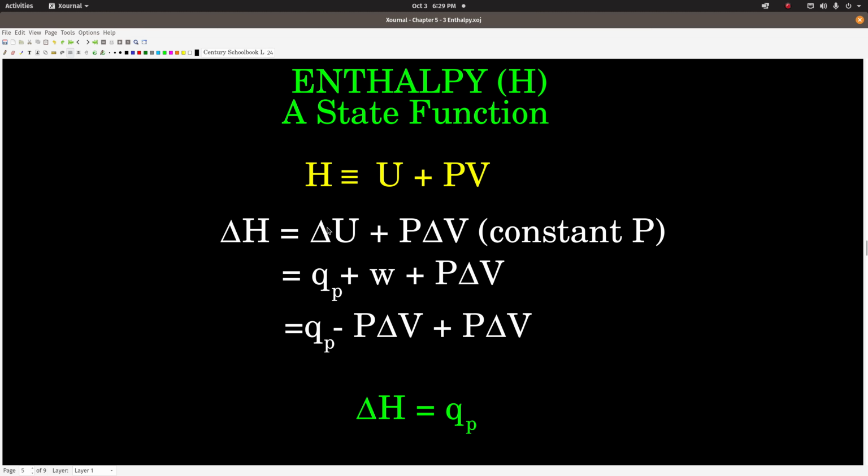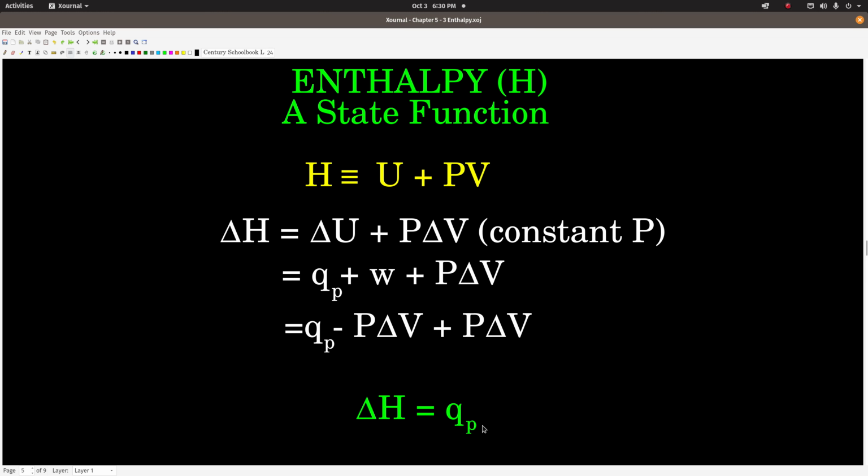And we know that delta U is Q plus W, and it's QP because we're making pressure be constant. QP plus W plus P delta V. But W is minus P delta V, so these cancel. And now we get, this is why we define enthalpy this way, delta H is equal to Q sub P.